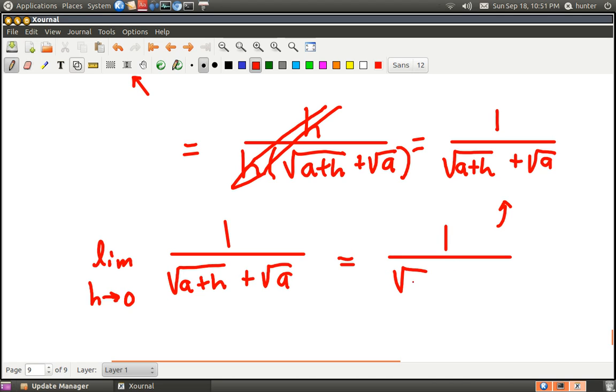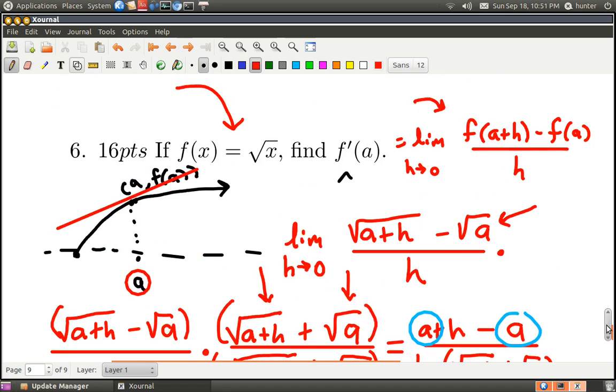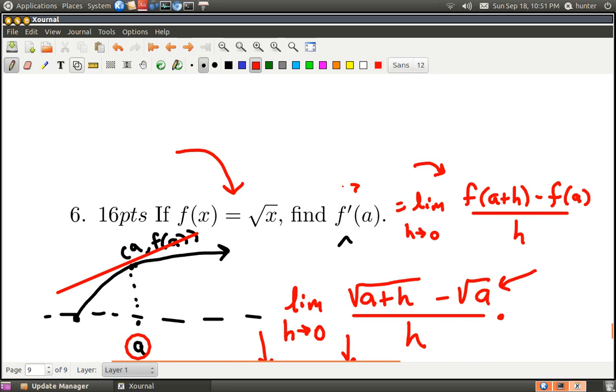This just becomes the square root of a plus the square root of a, and you can rewrite it better as 1 over 2 times the square root of a, and that's the answer. Let's review: this turned out to be 1 over 2 times the square root of a. And that's the best that we could do.